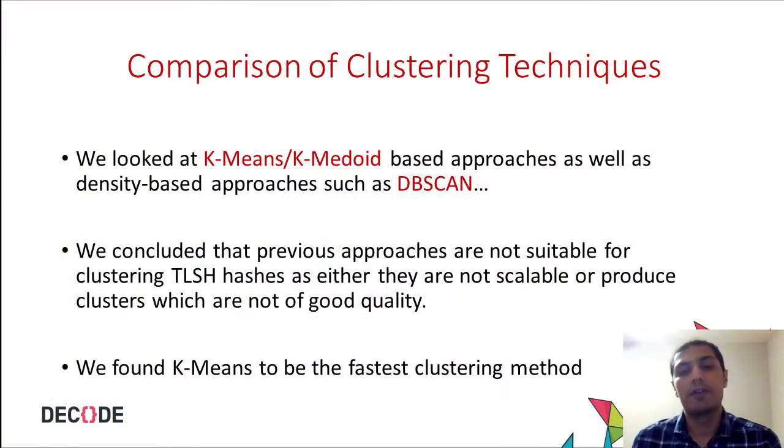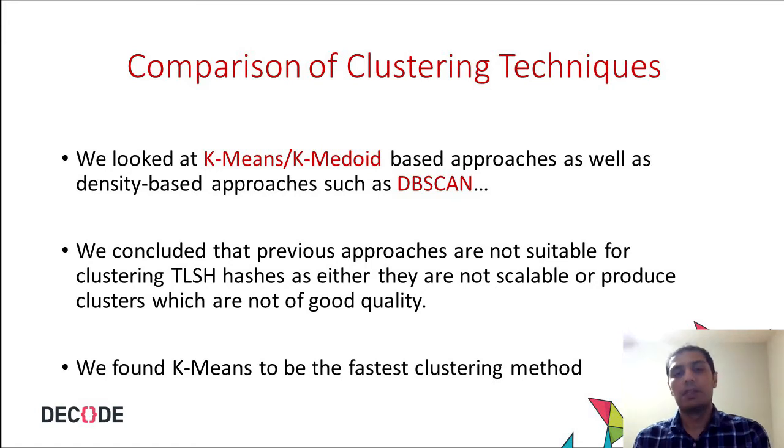What I also found was that k-means is a fast clustering method. That gave an idea: can we combine a fast clustering method like k-means with some other method which gives good clustering quality?